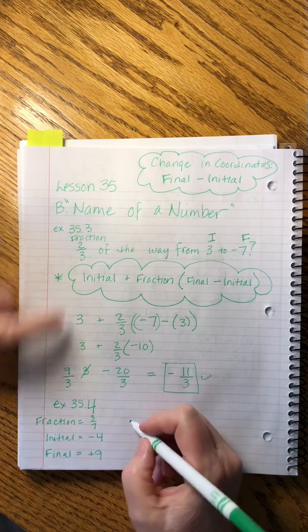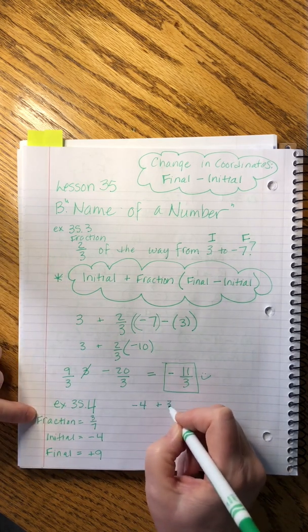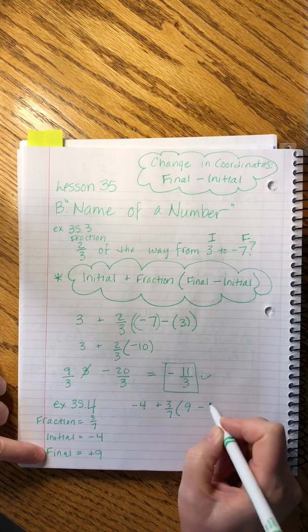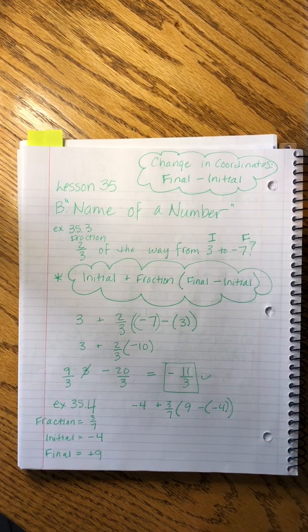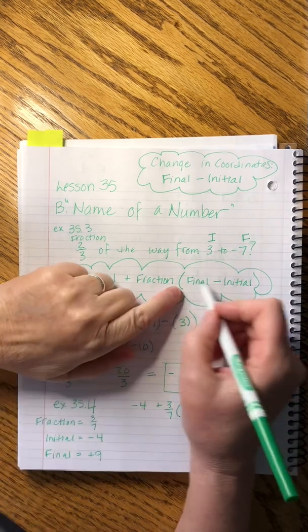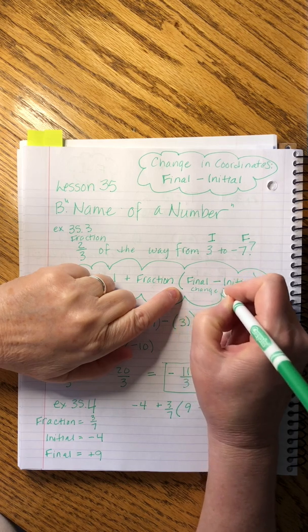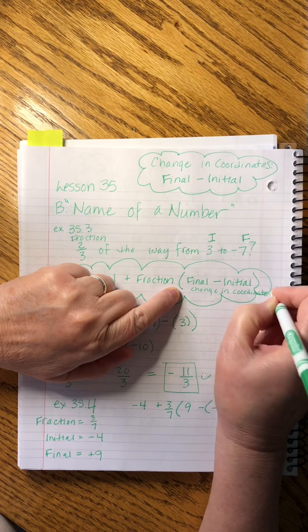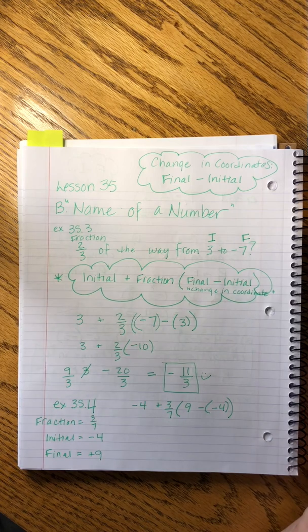There is my formula. So it's going to be -4 plus 3/7 times 9 minus 4. Okay? And again, we can always call this part of the formula the change in the coordinate. That's what this part represents.